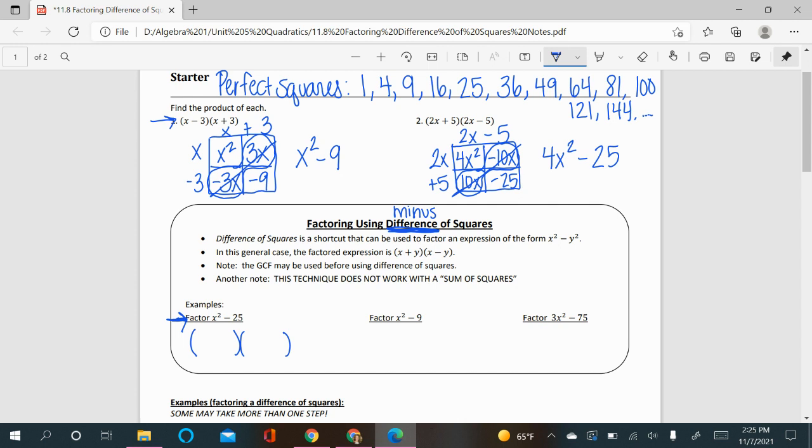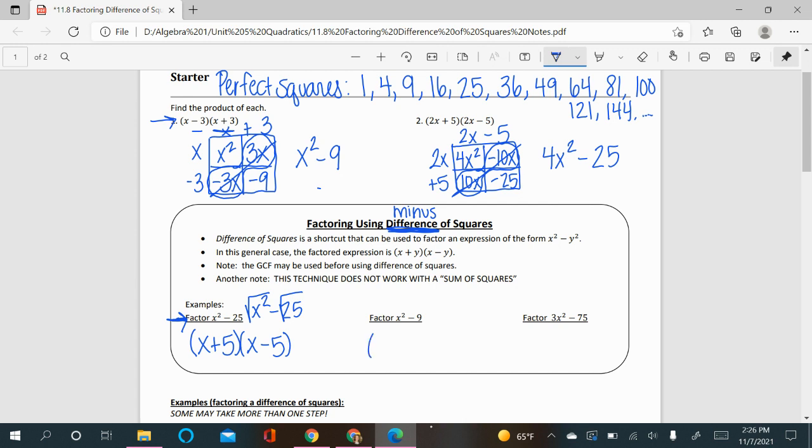You are going to take the square root of both of these values. The square root of x squared just gets rid of the square, so it will be x and x. The square root of 25 is 5. Then I will have a plus and a minus. If you look back up at the first example, I had x minus 3 and x plus 3. The minus 3 and the plus 3 are what canceled to give me just the two terms as my answer.